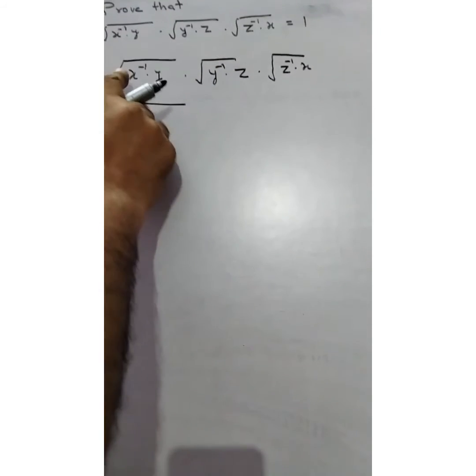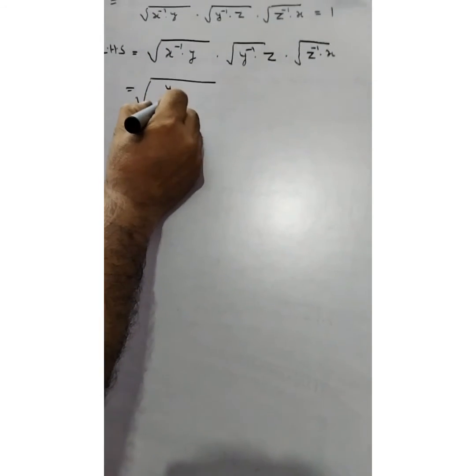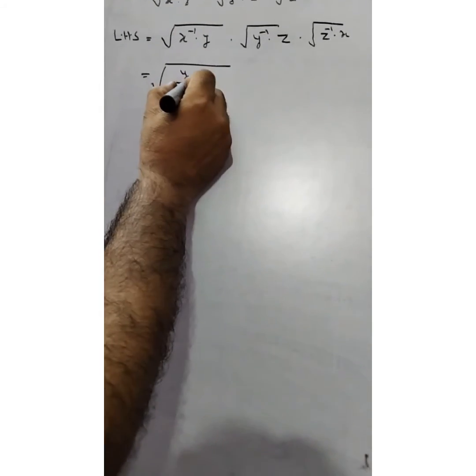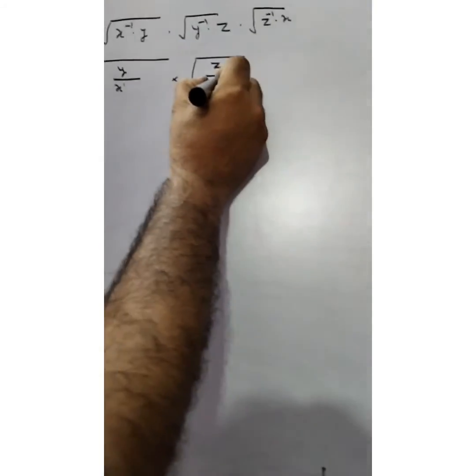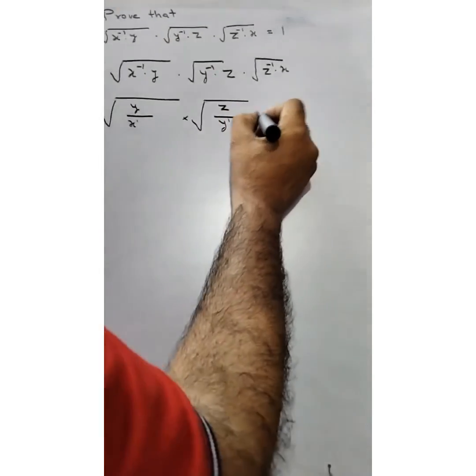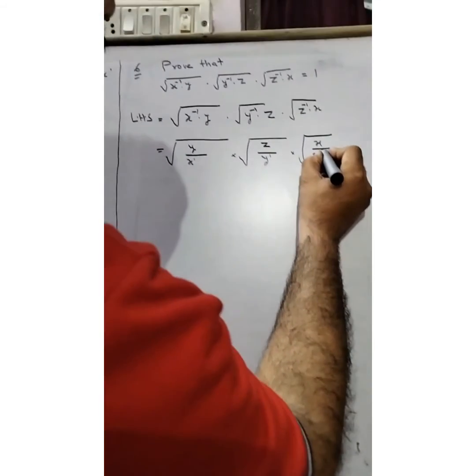Now x to power minus 1, we can write as x to power plus 1 with the fraction inverted. Here, z upon y raised to power plus 1 into x over z raised to power plus 1.